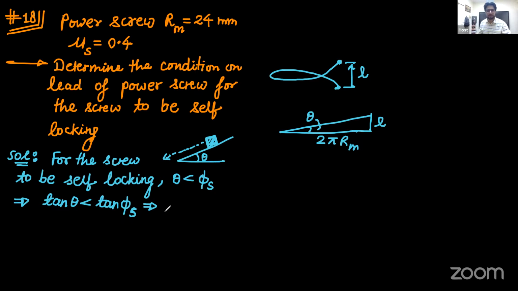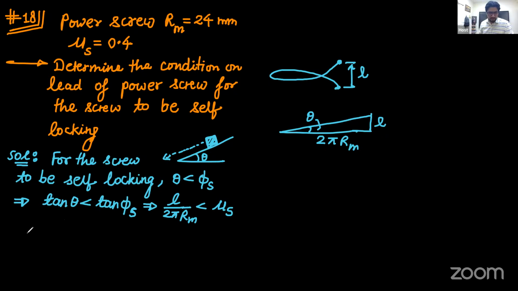The lead angle of a screw, tan theta, can be written as L upon 2 pi rm, and you know tan phi s. Multiple times we have written tan phi s as mu s.